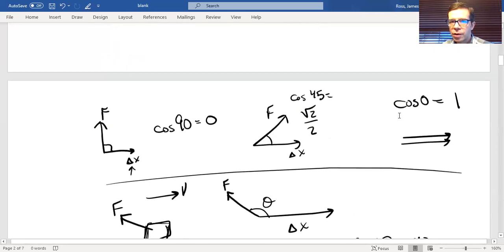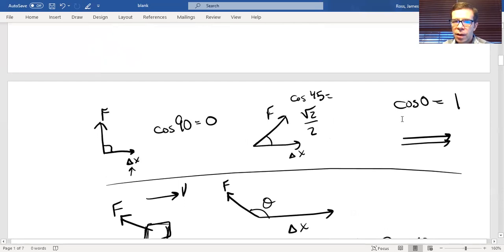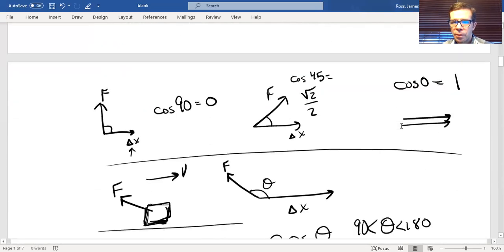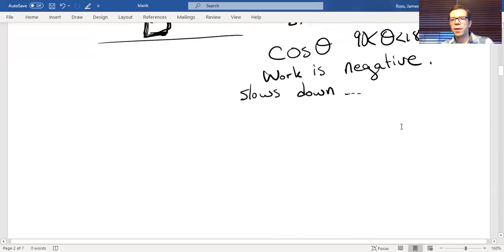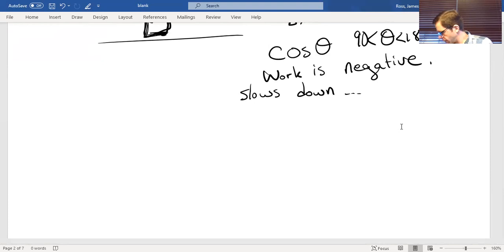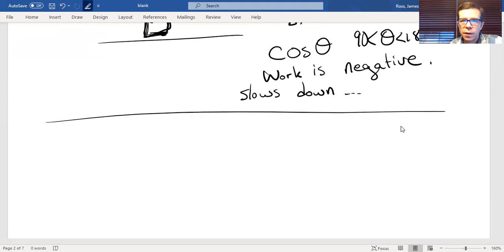Positive work adds energy to the system, and negative work takes energy out of the system. And that's taken care of in this equation. I think that's all that I want to say for section 1 and section 2. Section 3 has to do with the scalar product, and we're going to get into a lot of mathematics on that, so I'll do that in a different video.